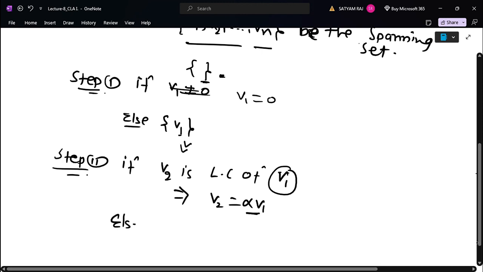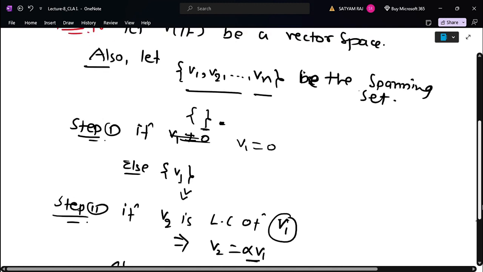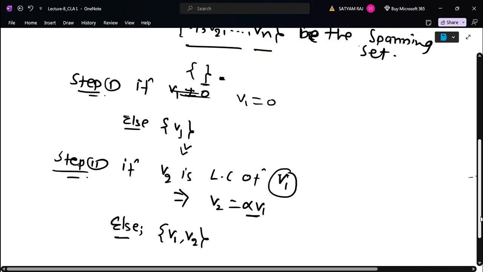Else we take it in our set, and we have a new subset v1, v2. So what we are doing here is taking the vectors which are not a linear combination of all the previous vectors.